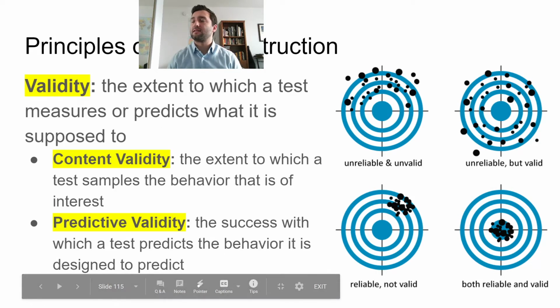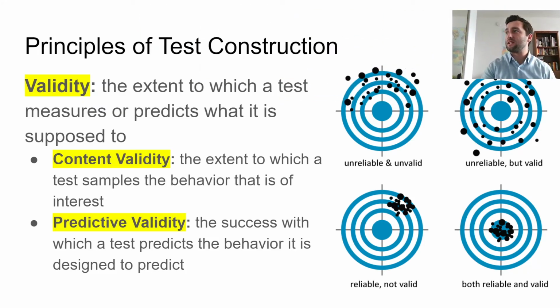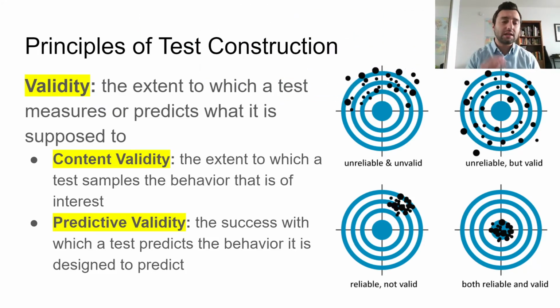Now the other side of this is validity. So validity has to do with, does the test measure what we want it to measure? Does it predict whatever we're trying to predict? So how accurate is it? So for example, our ACT, we talked about that. The idea is how well does it predict students' performance in college?